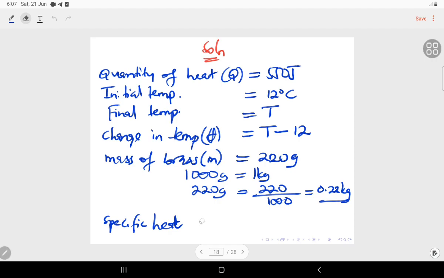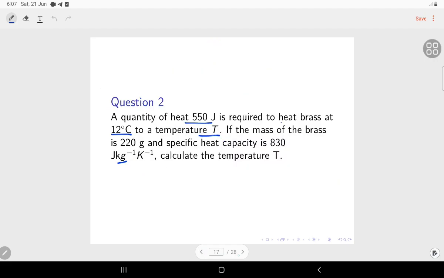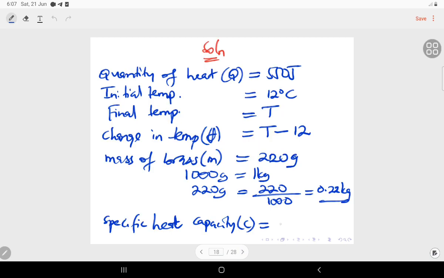Right. Specific heat capacity, our small c, is 830 joule per kilogram per Kelvin. So what is our focus here? Our solution will be deduced from the specific heat capacity.